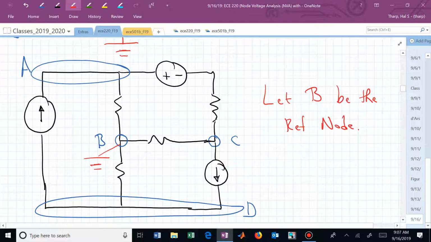Now, what I want to illustrate is that the voltage difference between the nodes in the circuit will be the same.